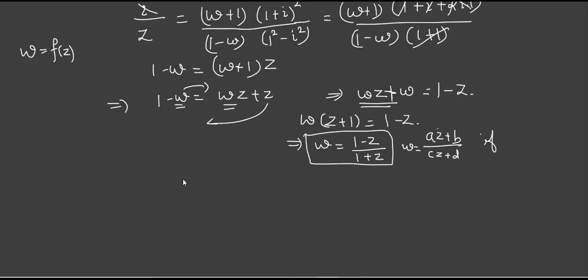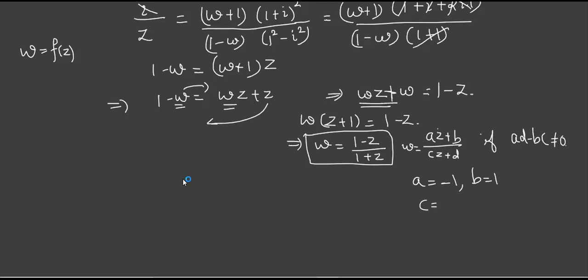In the definition, there is a condition. Anybody? ad minus bc not equal to 0. Just compare these two. Tell me what is a. a is the coefficient of z in the numerator. What is the coefficient of z? Minus 1. What is b? b is 1. What is c?